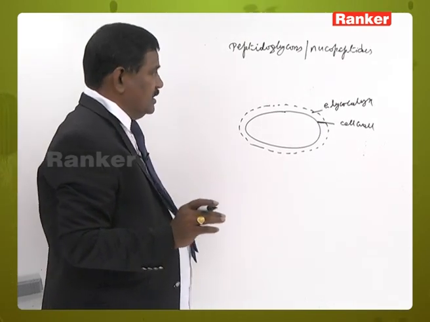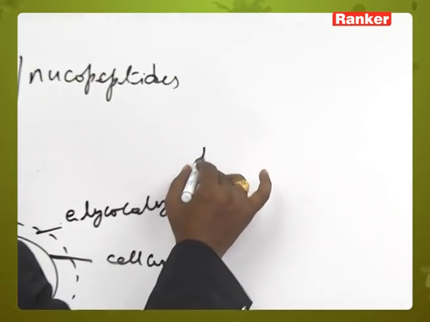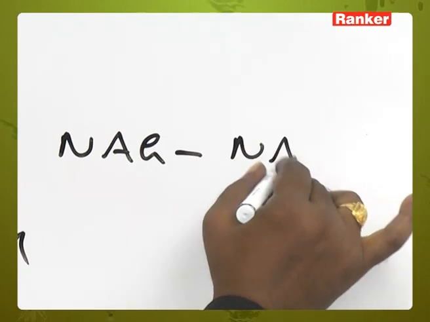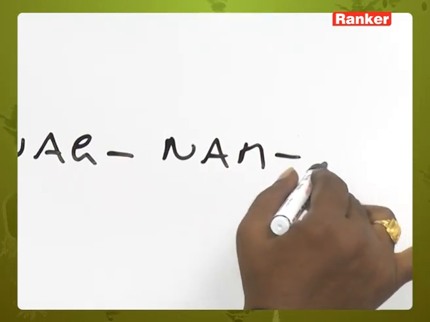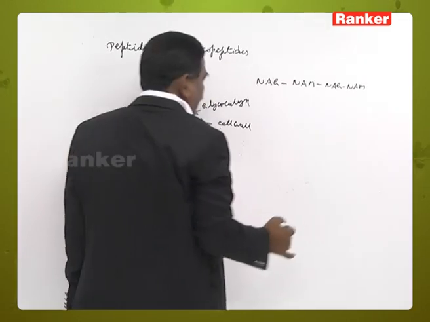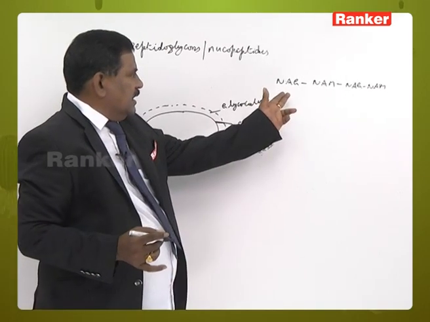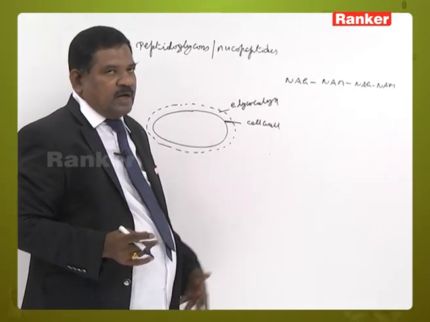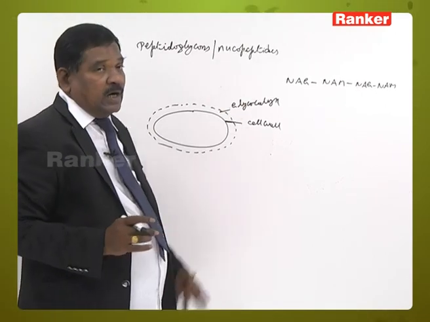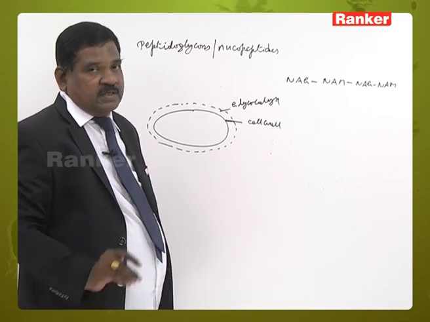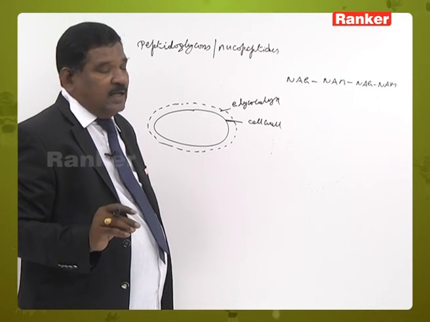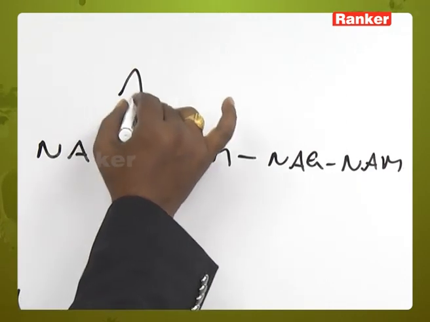These peptidoglycans consist of N-acetyl glucosamine (NAG) and N-acetyl muramic acid (NAM) molecules arranged alternately. These two are amino sugars.